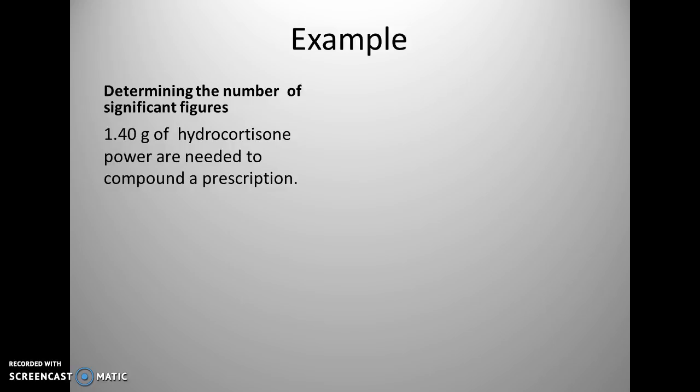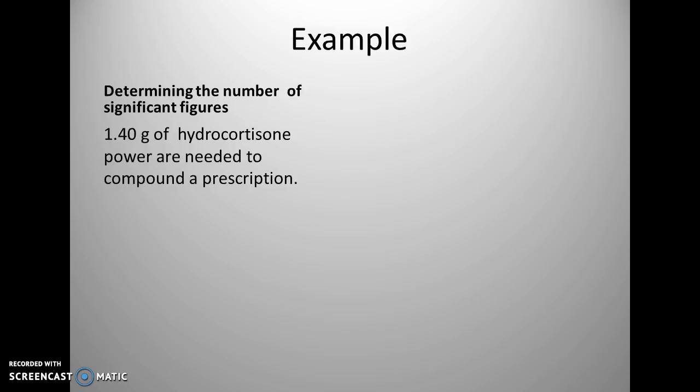Here, this comes from an example within your textbook in relationship to significant figures. It says 1.4 grams, and this is on page 129 in your textbook, of hydrocortisone powder are needed to compound the prescription. The question here is how many significant figures are in this measurement?